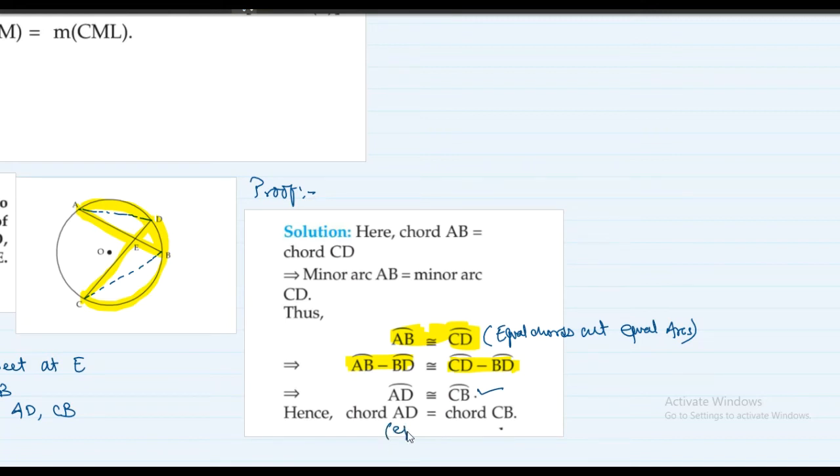Why? Because equal arcs cut equal chords. If arcs are equal, then the corresponding chords will be equal. If chords are equal, then the respective arcs will be equal.